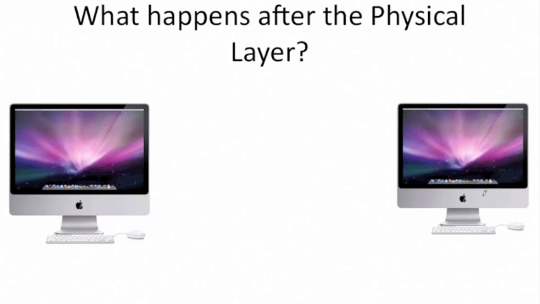So basically, for a very short review, there is a connection between them, and let's say this is the connection, and this is the physical layer. And what it does is that it takes the binary code, which we just learned about. So let's say this is the binary code.